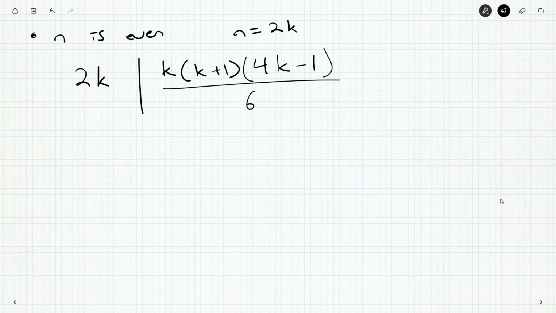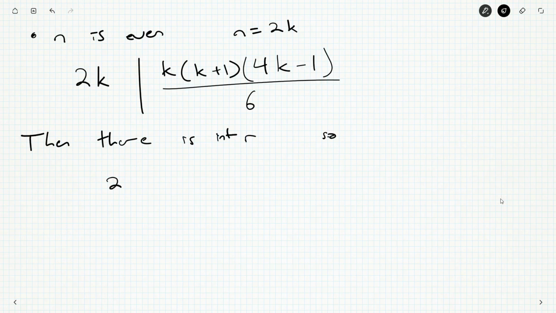Okay. So, what has to happen here? Well, then there is an integer r, so that 2kr is k times k plus 1 times 4k minus 1 all over 6.